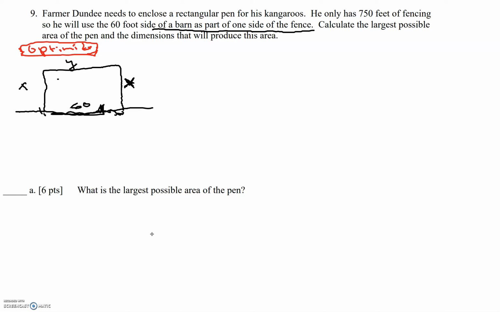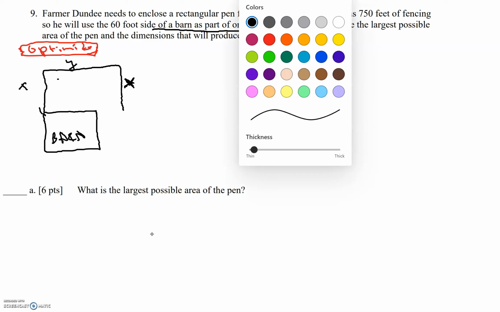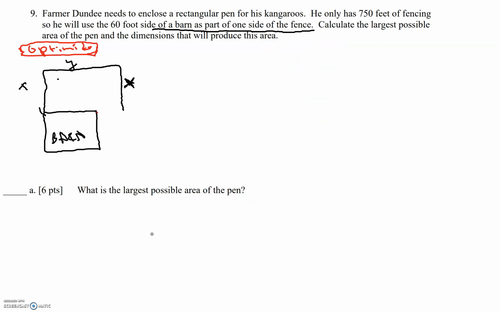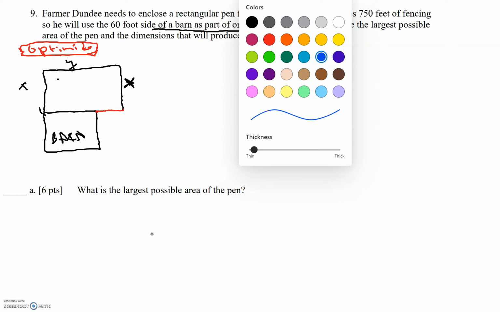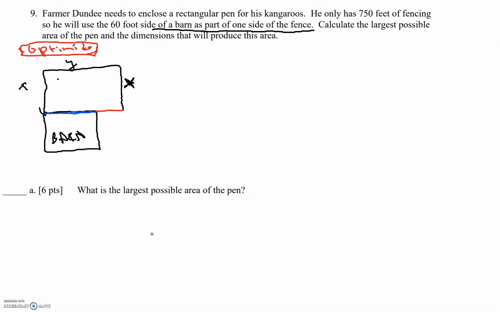If the barn is here, then what the problem is actually saying is that this length here is 60.